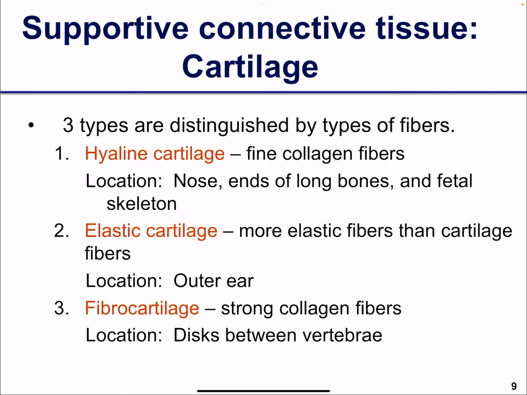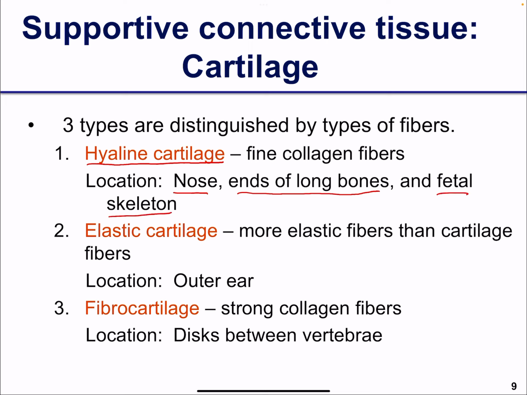Now, there are different types of cartilages. We have the hyaline cartilage. The hyaline cartilage is made up of fine collagen fibers, and it is found mainly in the nose, at the extremity of long bones, and making up the fetal skeleton.